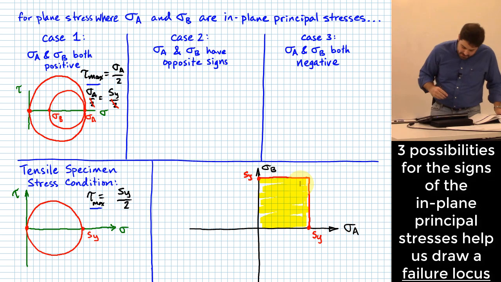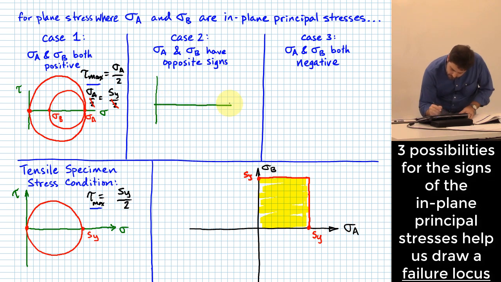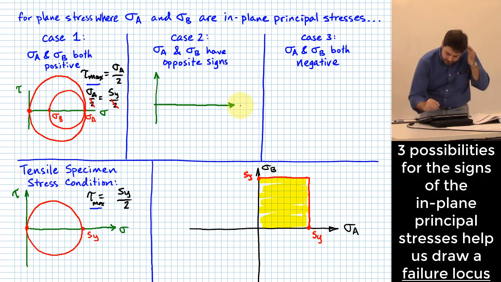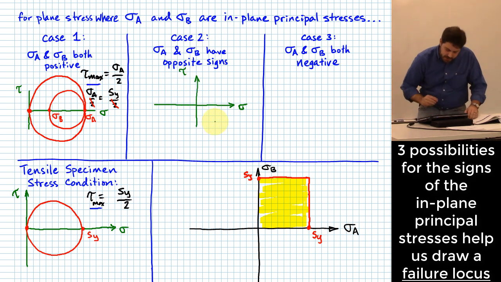Well, what's the possibility I could have for case 2? For case 2, sigma A and sigma B have opposite signs. Again, this is for Mohr circle. And I should probably move my stress, or my shearing stress axis.